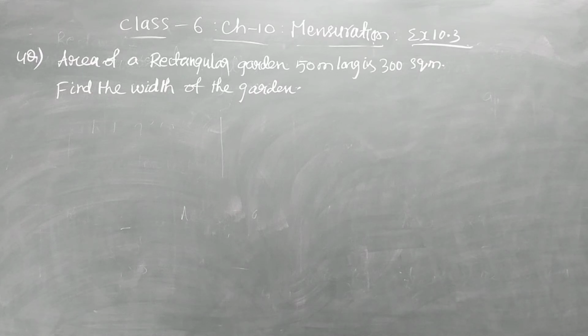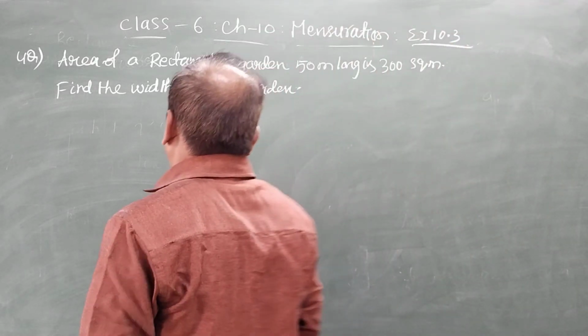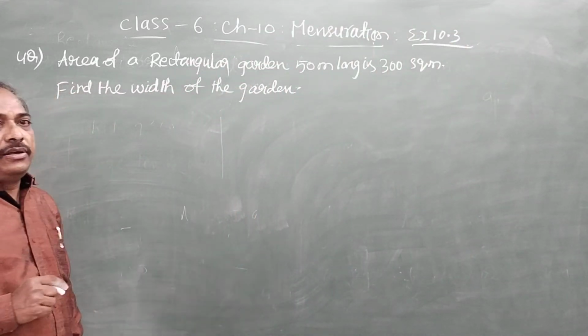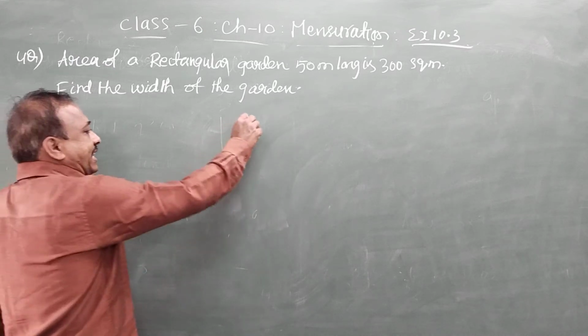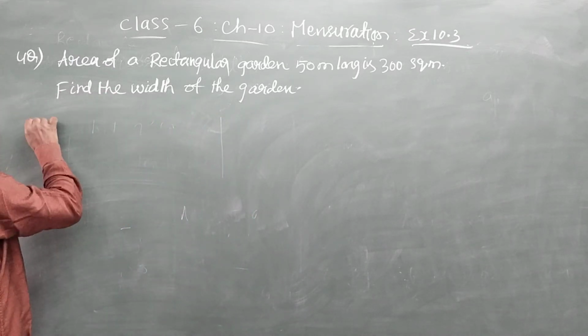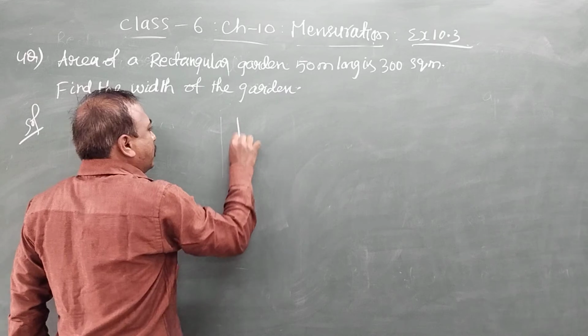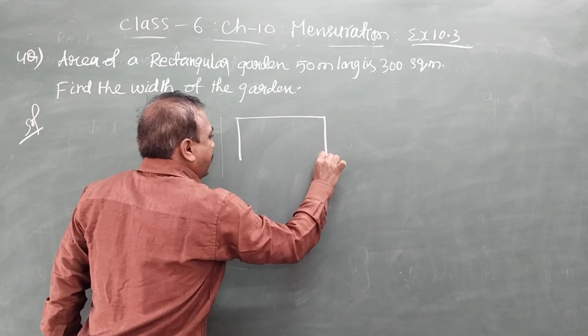Let us see question number 4. Area of a rectangular garden 50 meters long is 300 square meters. Find the width of the garden. So there is a garden in a rectangular shape. Let us draw a rectangular shape.